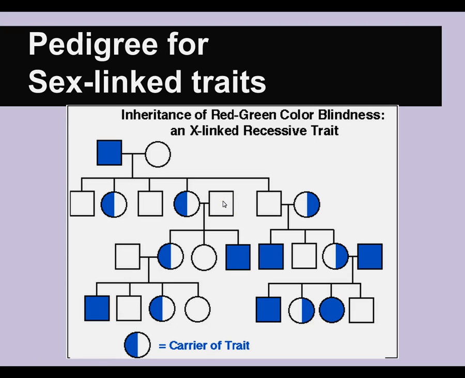But unfortunately, Dad does not pass an X chromosome onto his son, so his son is red-green colorblind. And you can follow the pattern all the way through. It is possible for girls to be red-green colorblind. If Dad is red-green colorblind and Mom is a carrier, then there's a 25% chance that they will have a daughter who is red-green colorblind.